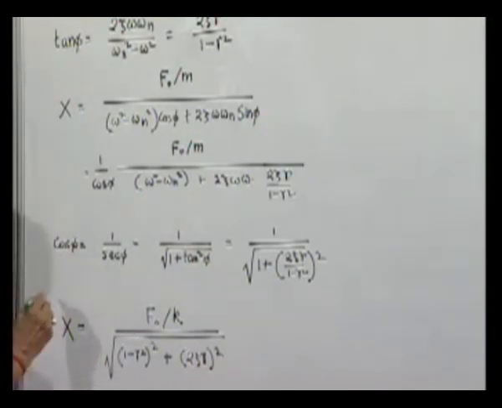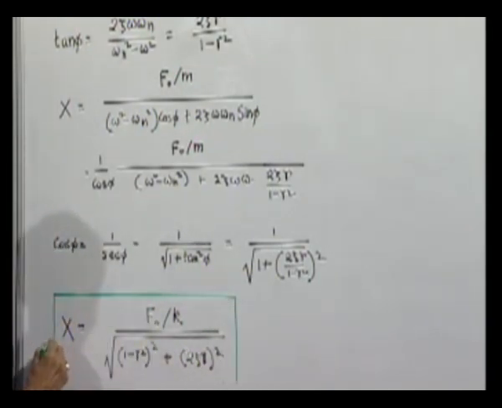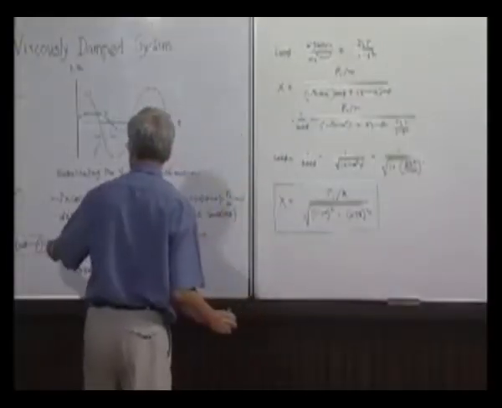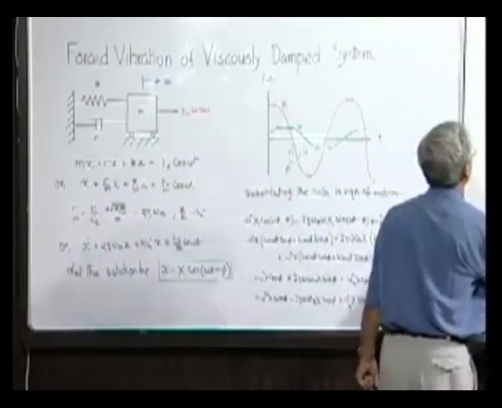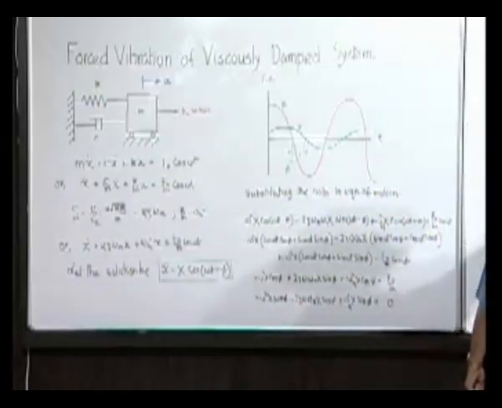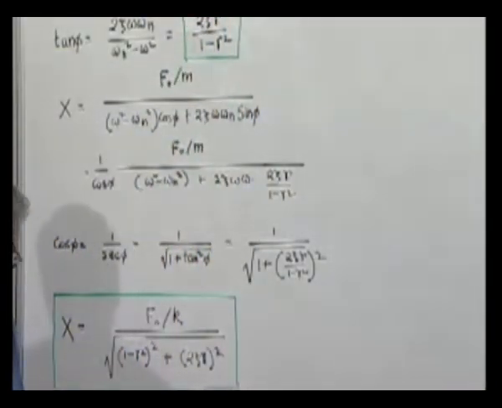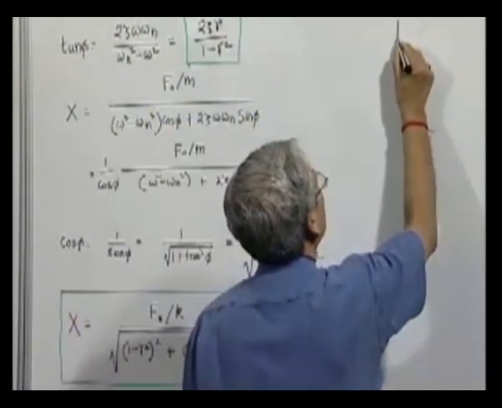Response requires two things to be given. One is the amplitude, which is this. The frequency is the same as the forcing frequency, and the phase difference is this. The characteristic looks like this if you plot it.